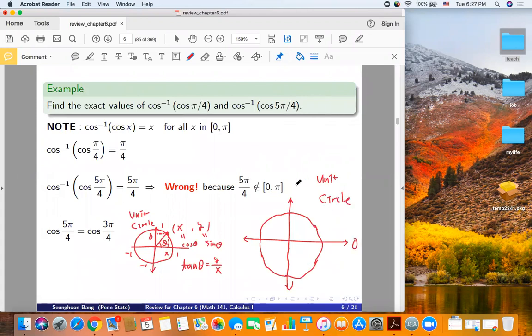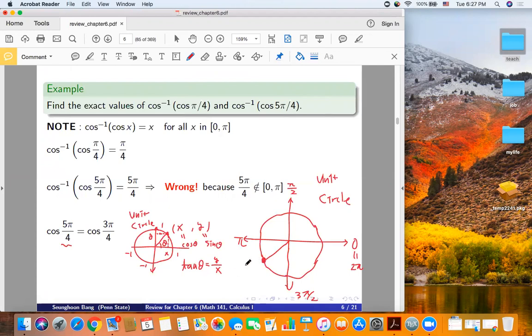This angle is 0, this angle is pi over 2, this angle is pi, this angle is 3 pi over 2. The angle 0 is the same as 2 pi. So what happens? 5 pi over 4 is in the third quadrant, greater than pi, less than 3 pi over 2. So we have it here.